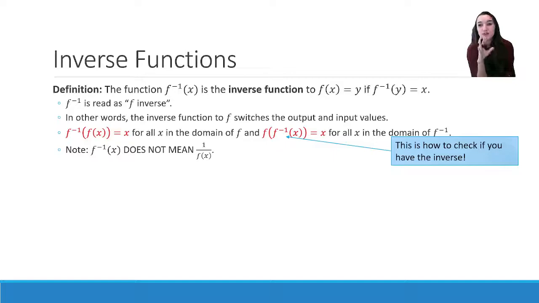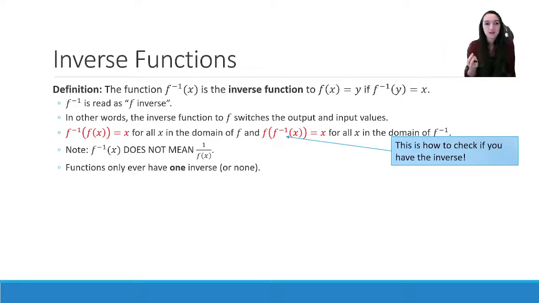You don't need to think about that too deeply unless you're curious about exactly what it means to be an inverse versus identity, which is an important concept in upper level mathematics. For right now, all you need to know is that f inverse of x is not the same thing as 1 over f of x, because that's just a notational thing for right now.